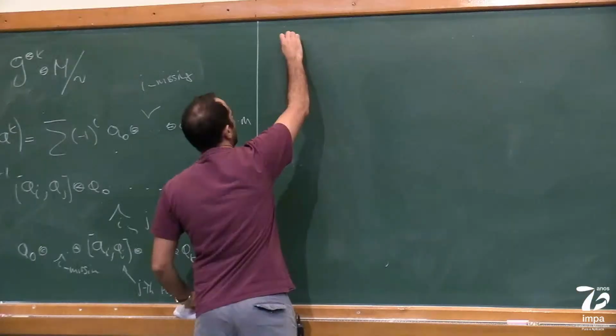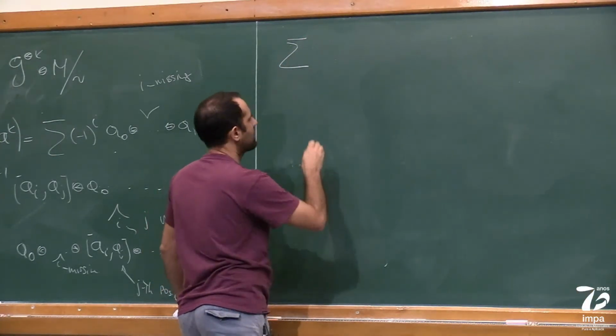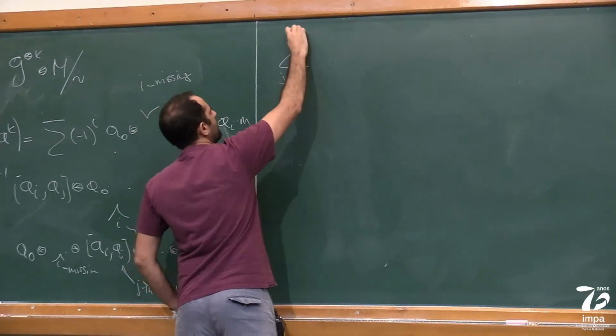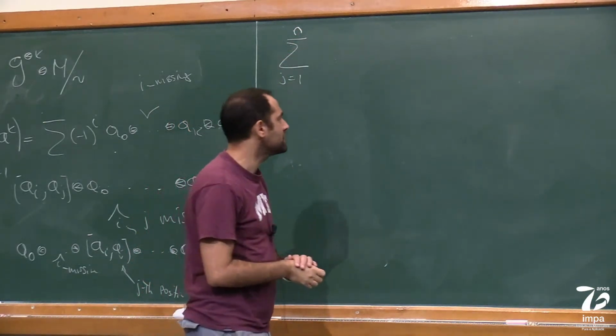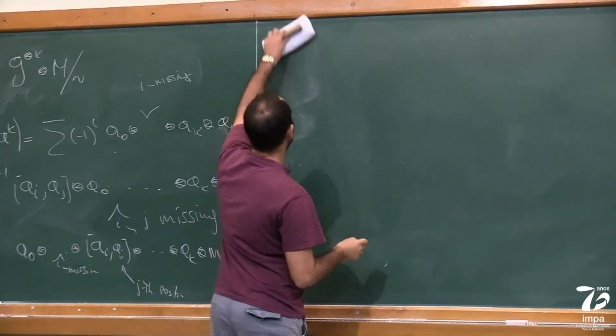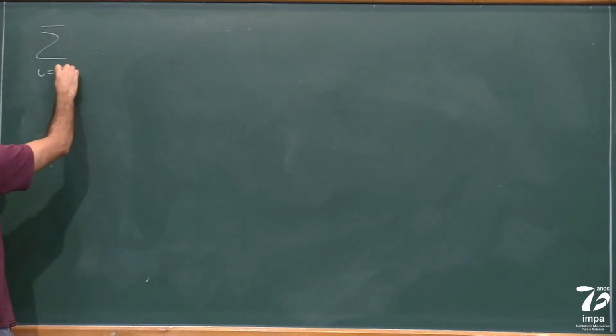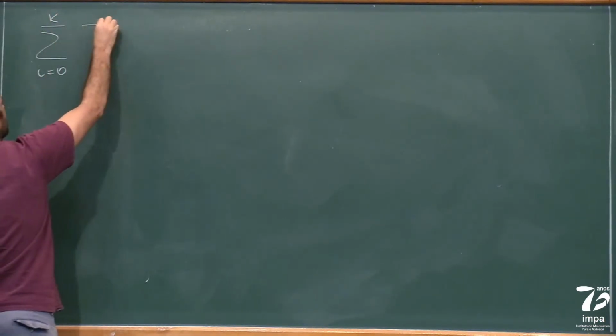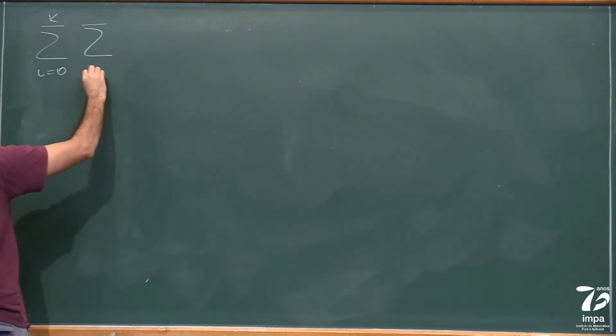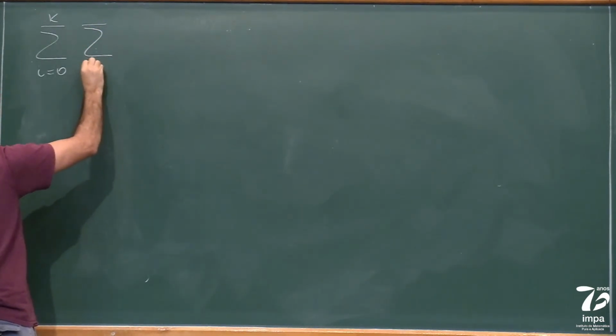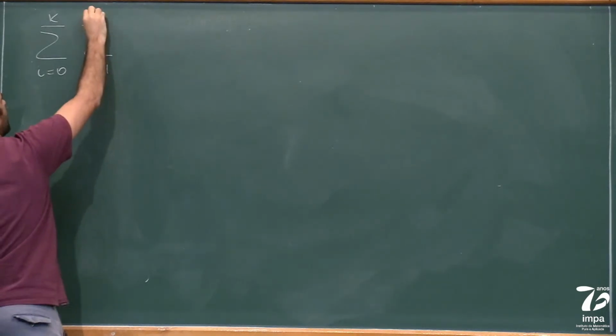So the two sums are, one sum goes from j equal to 1 up to n. This is the action on the modules. And, well, let's do this correctly. So I have i that goes from 0 up to k. Then I have j that goes from 1 up to n.